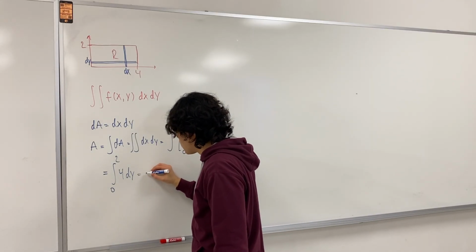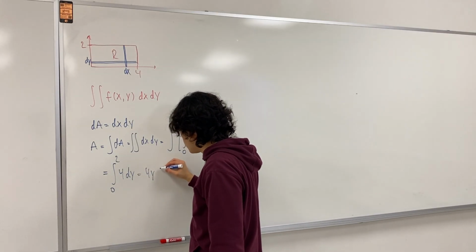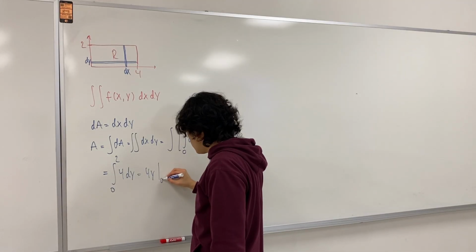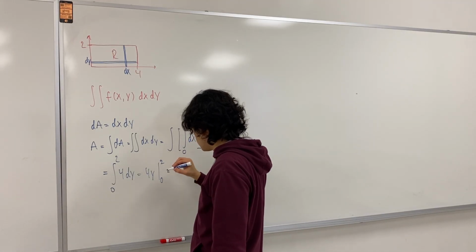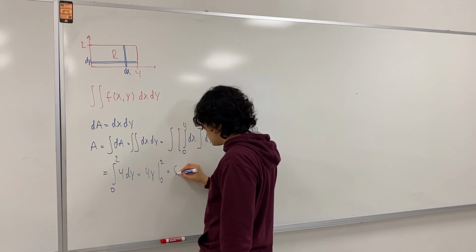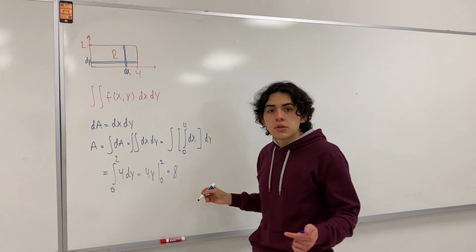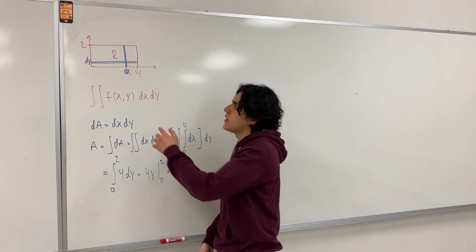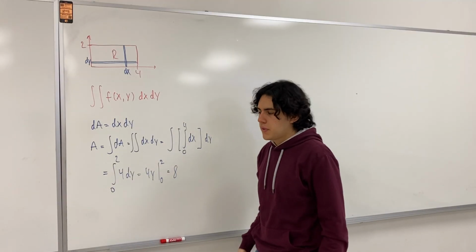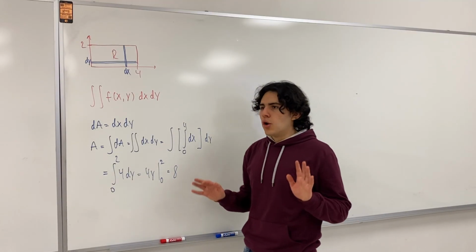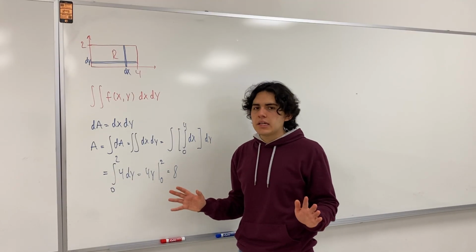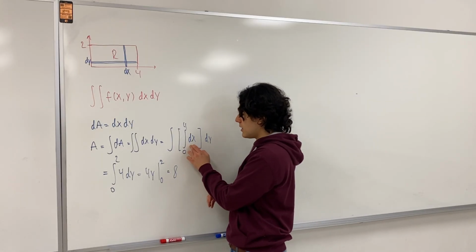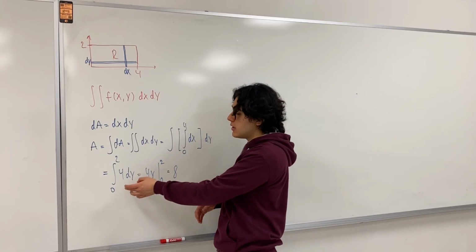So we know that integral is going to be 4y from 0 to 2, okay? And we know, obviously, this is 8, okay? 8 units squared. And this is the exact answer we would have gotten if we had done 4 times 2, okay? And you can see the only thing we did that involved any calculus was finding these individual integrals.